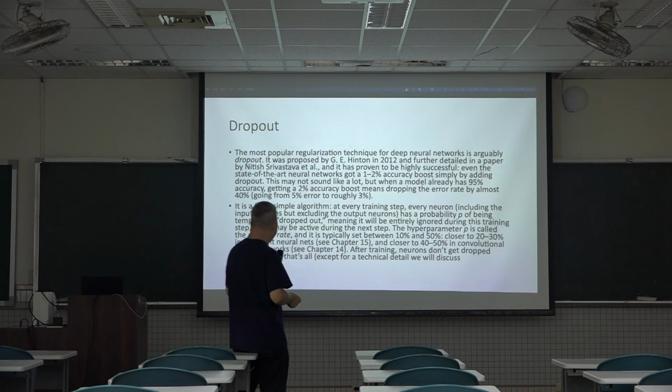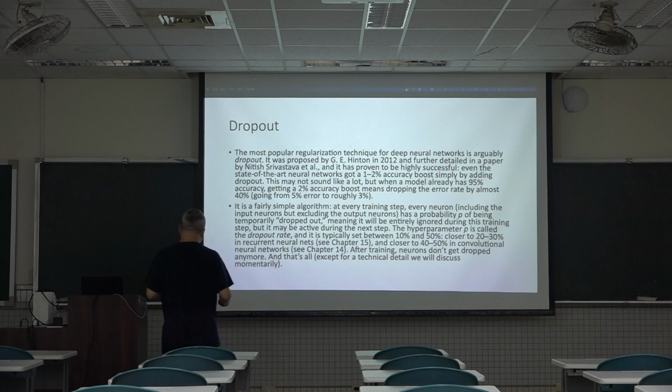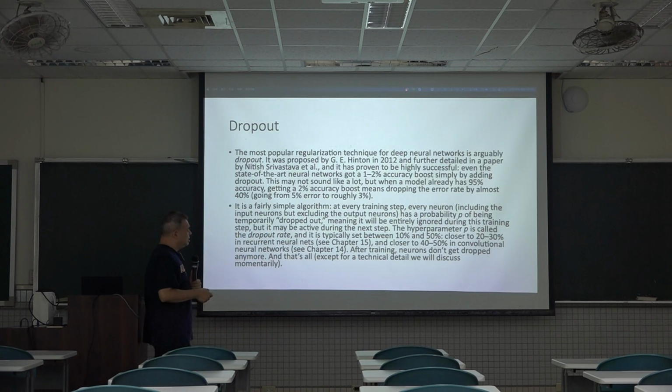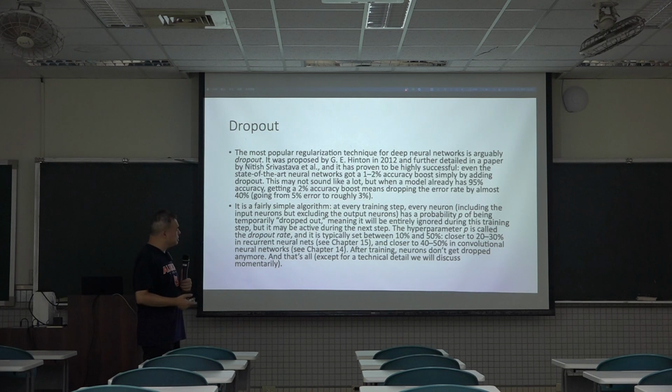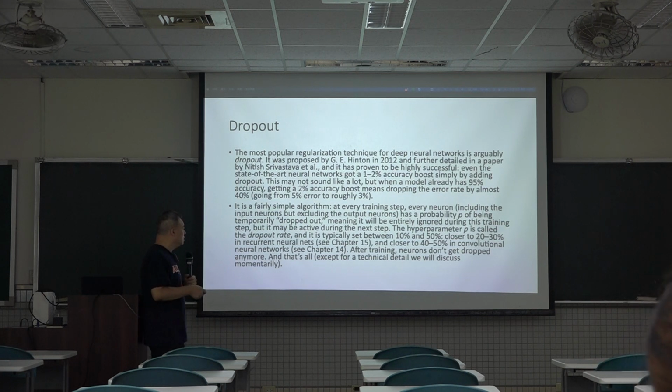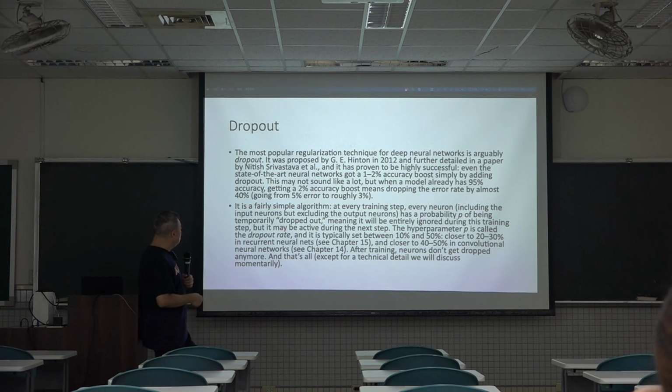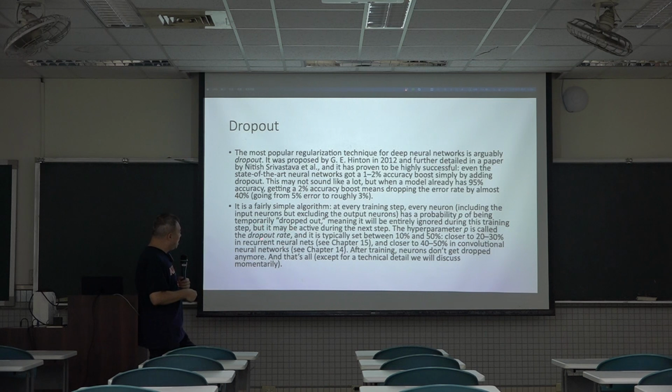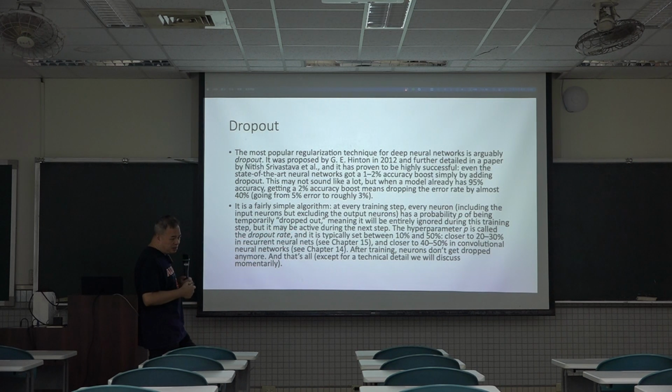So this is a kind of interesting approach, because every neuron gets the chance to take a rest, pretty much. So the dropout rate, you may ask, how much is the dropout rate?